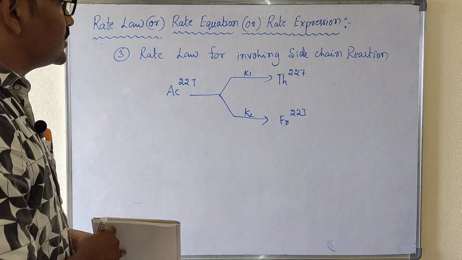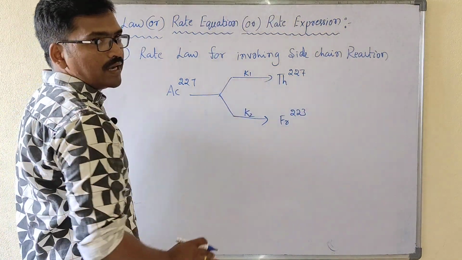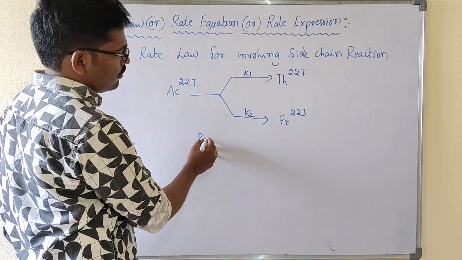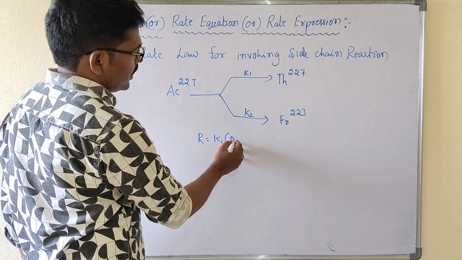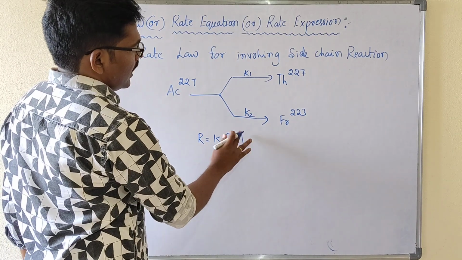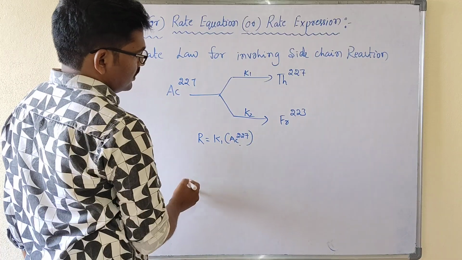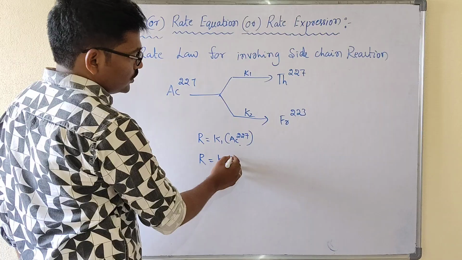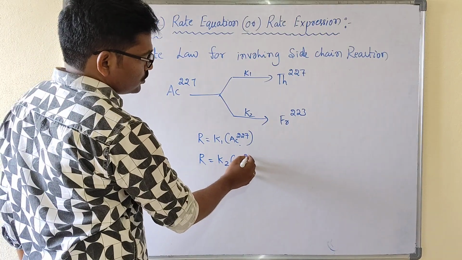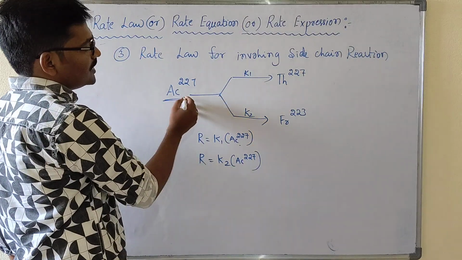See, look, my dear students. For the first one, if you want to write the rate, R equals K1 into actinium 227, right? Then for the second one, R equals K2 into actinium 227, because for both reactions the reactant is actinium.